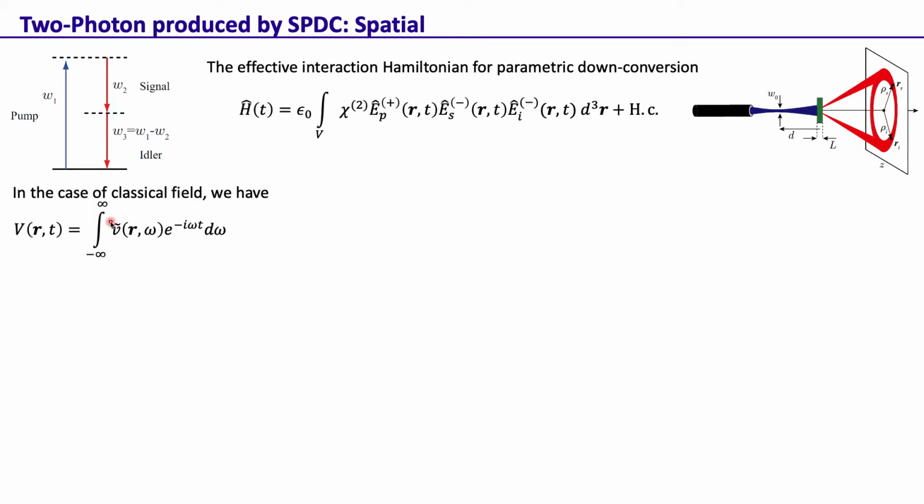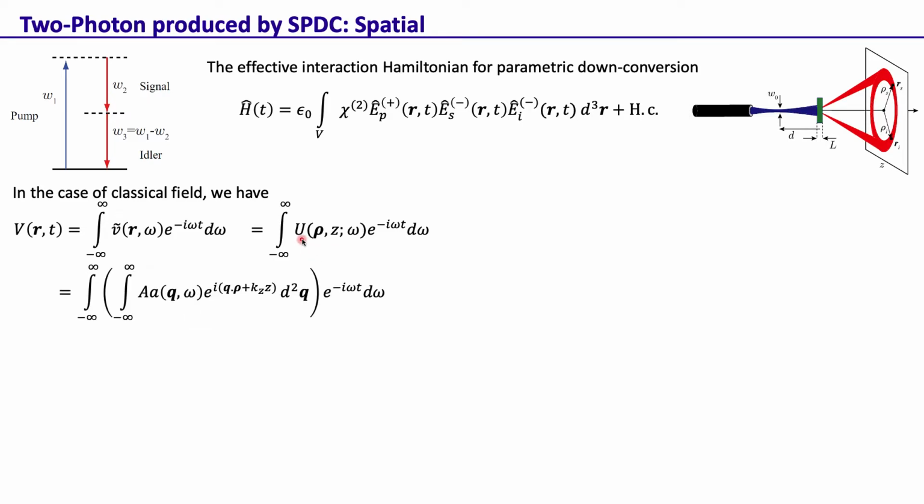Now, these are the components at frequency omega, and this we can also write as u(rho, z), because we are writing r as rho, z, with the aim that we are going to expand this in a two-dimensional manner and not in a three-dimensional manner. If we expand this in a two-dimensional manner, then this u(rho, z) can be written in this form, and this we had derived.